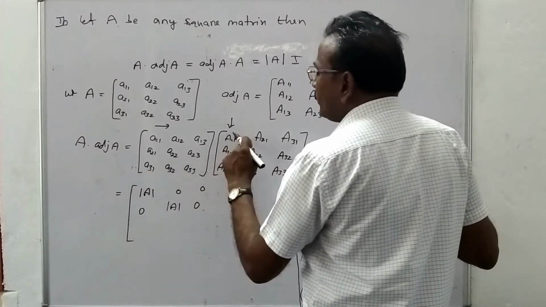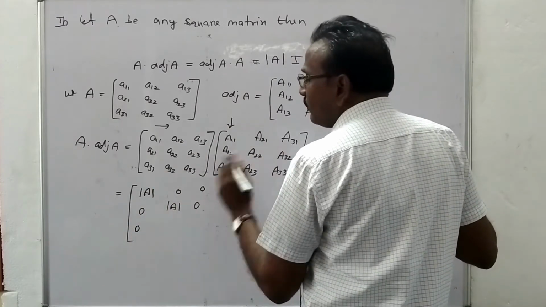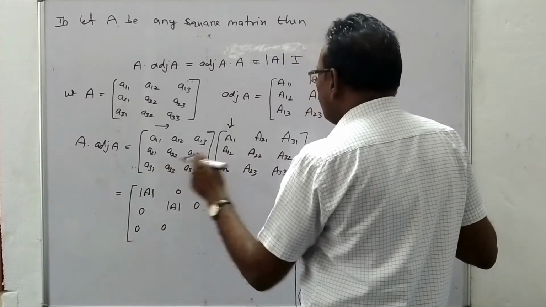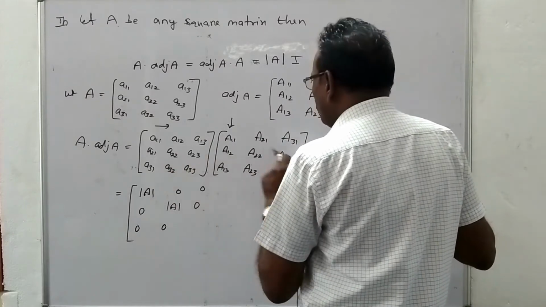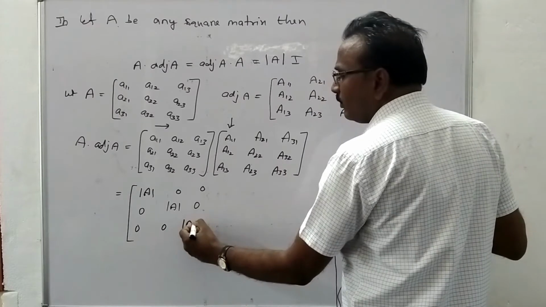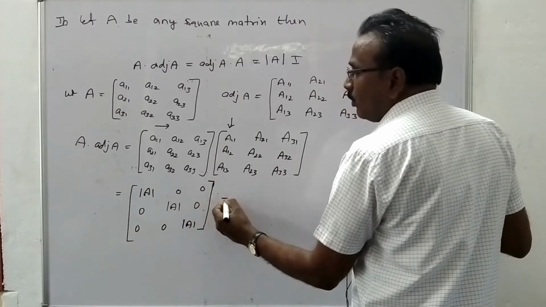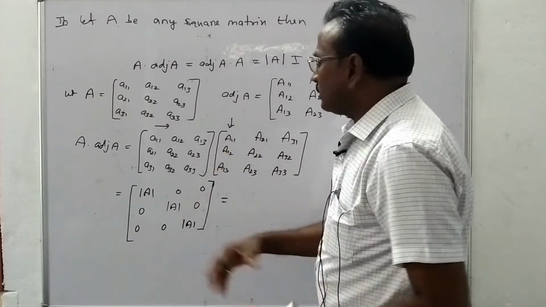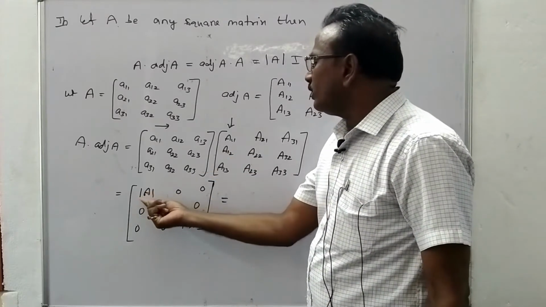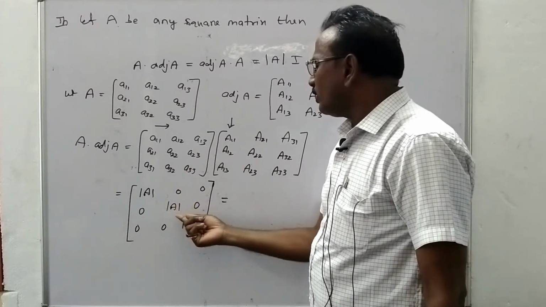Similarly, third row with first column, the value is 0. Third row with the second column, suffixes are different, the value is 0. So A31 into capital A31 plus A32 into capital A32 plus A33 into capital A33, the value is determinant of A. Now throughout this matrix we have determinant of A, 0, 0, 0, determinant of A, and so on.